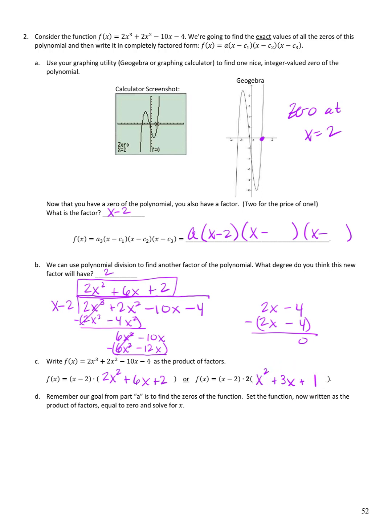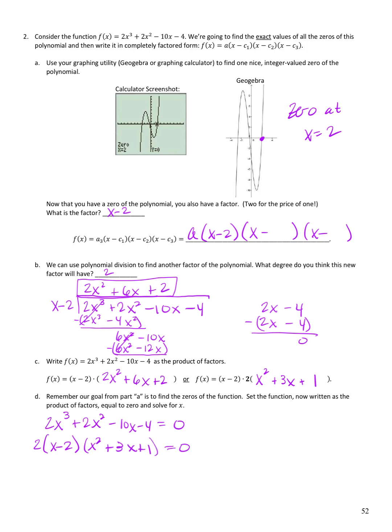So I want to set the function, now written as the product of factors, equal to 0, and solve for x. All right, so f of x, which is my original function, is 2x cubed plus 2x squared minus 10x minus 4. And I want to set this equal to 0 and solve it. I can now factor it a bunch. So I have 2 times x minus 2 times x squared plus 3x plus 1 equals 0.